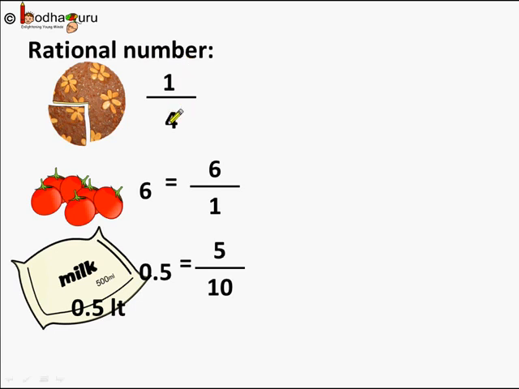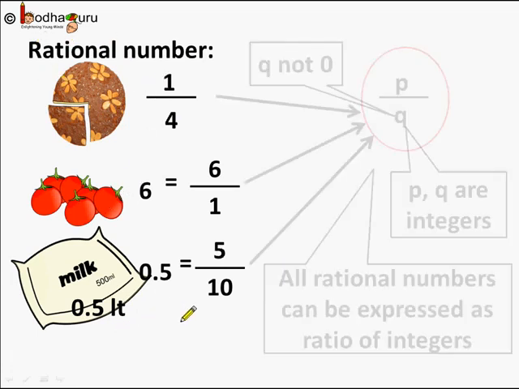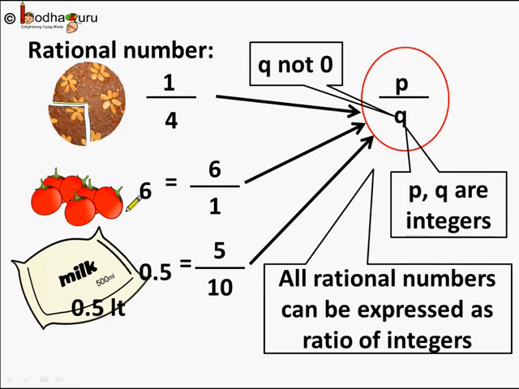Here we have rational numbers 1 by 4, 6, 0.5. All these are rational numbers. Why? Because all of these can be expressed as a ratio of integers. 1 by 4, 6 can be written as 6 by 1, 0.5 can be written as 5 by 10.